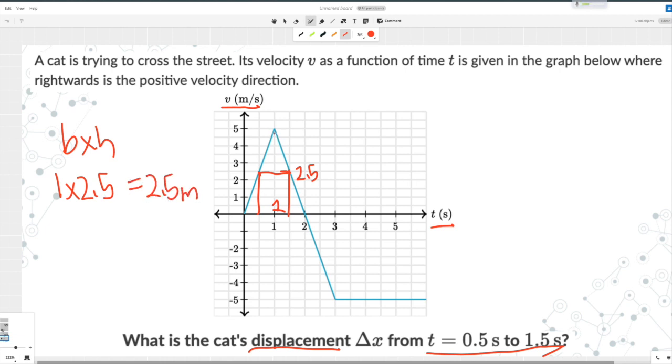But we also have to find the area of this triangle over here. The base is the same, and the height goes from 2.5 to 5. So what's 5 minus 2.5? That is also 2.5. So 1/2 base times height: the length of the base is 1 and the height is 2.5.